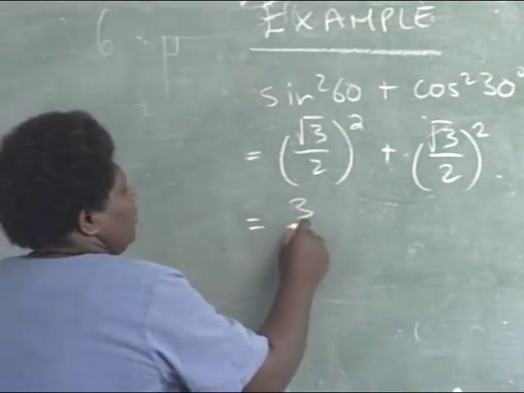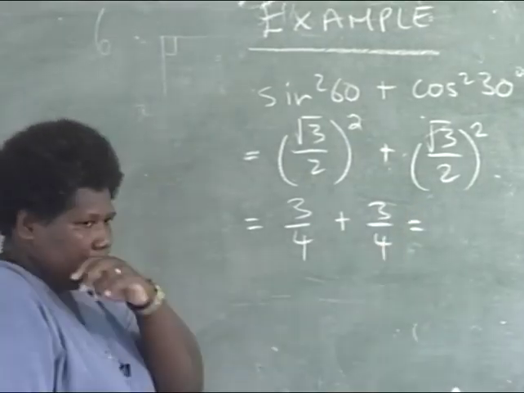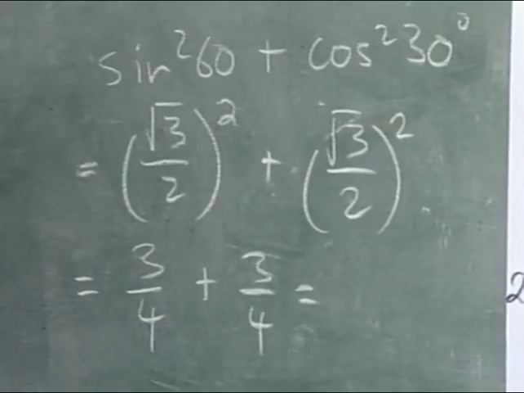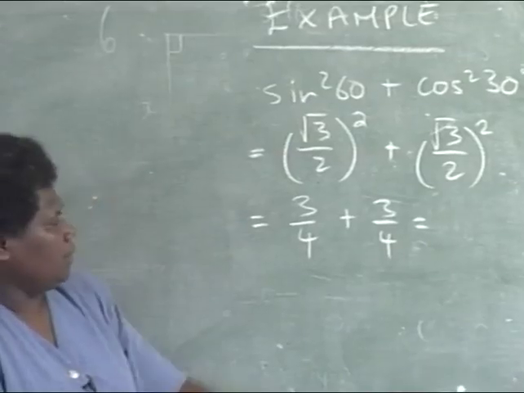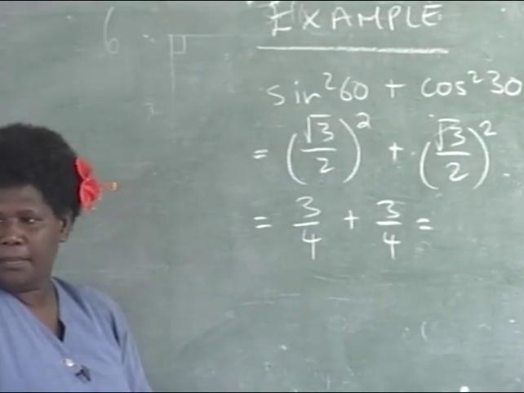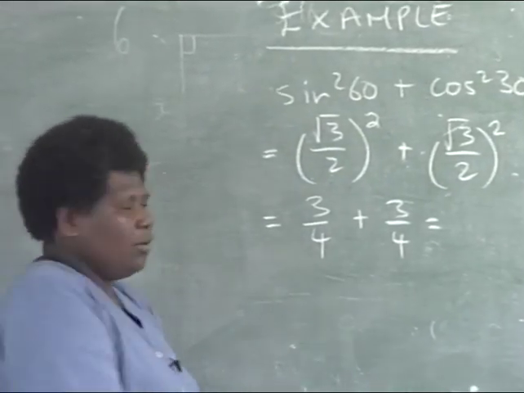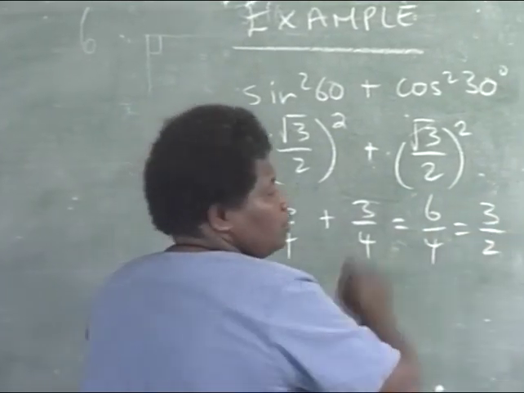Okay, so 3/4 plus another 3/4 is equal to? 3/4 plus 3/4, the denominator is the same. 6 on 4. Okay, 6 on 4, which is also 3 on 2.